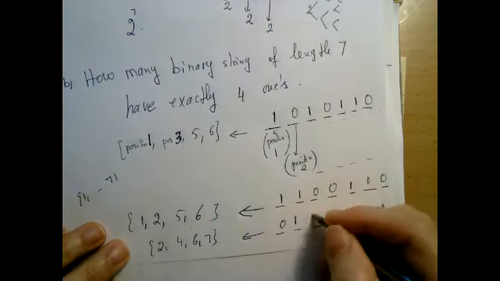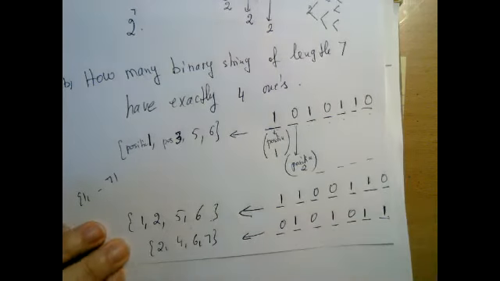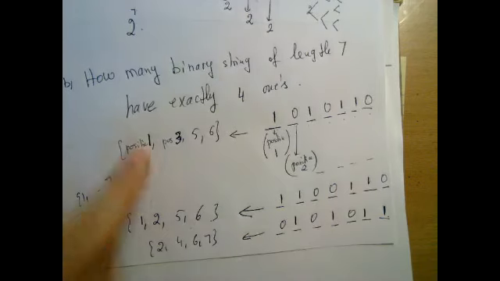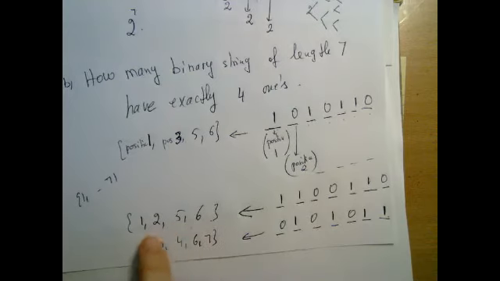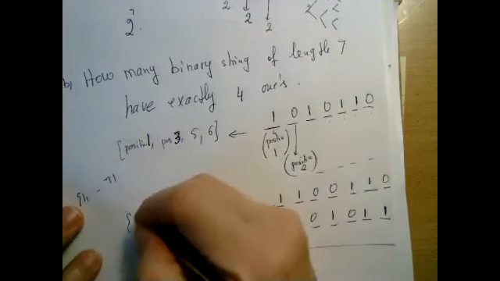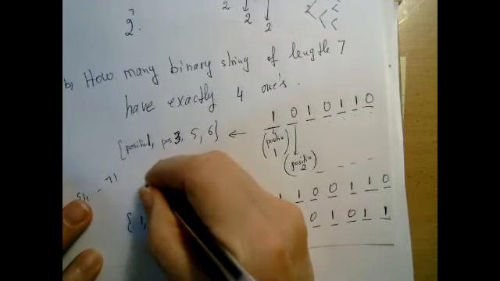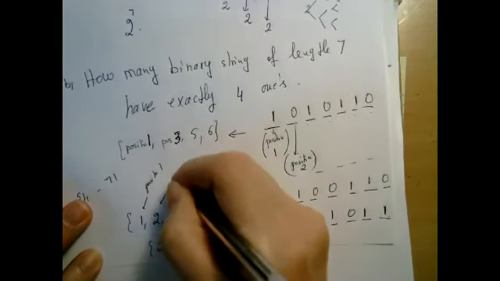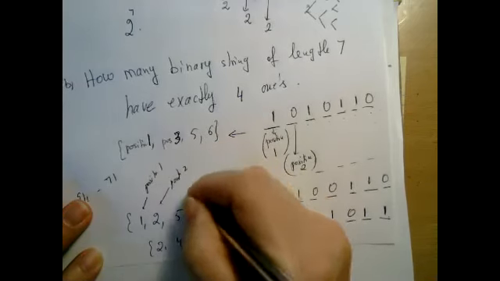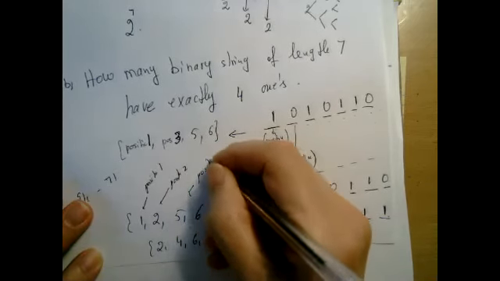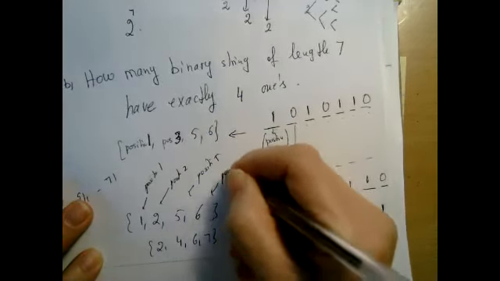That's really what I have in mind. So every time I place my 4 ones, I can associate to it a subset of 1 to 7, where the subset represents the positions: position 1, position 2, position 5, and position 6.